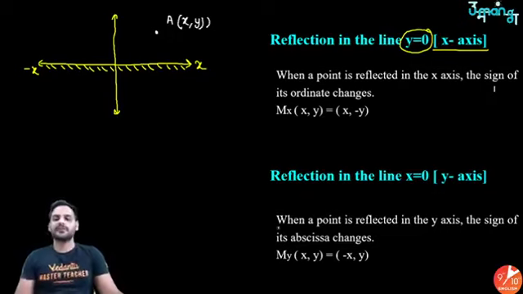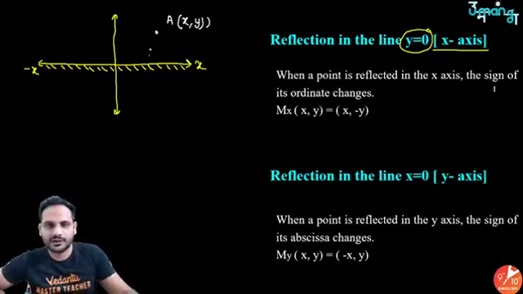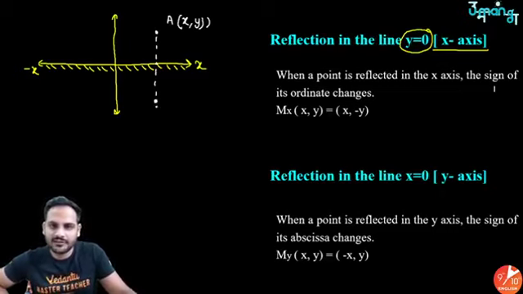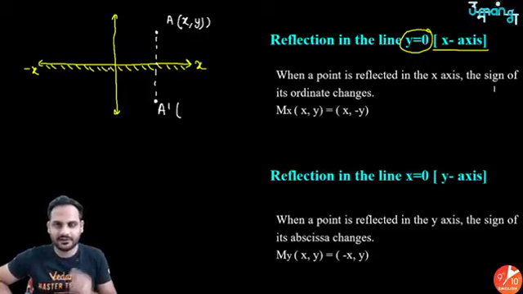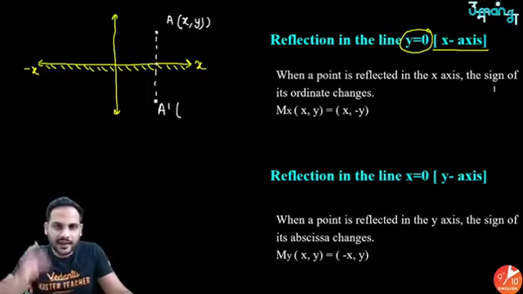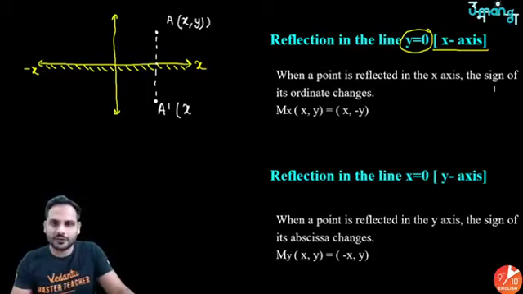So if I'm doing the reflection along the mirror, first find out the distance of this point A from the mirror, and at the same distance in the same line you will get the reflection, that will be A dash. Right, so you can clearly see beta, when I'm doing the reflection along x-axis or y equal to 0, the x coordinate is not changing for the image.